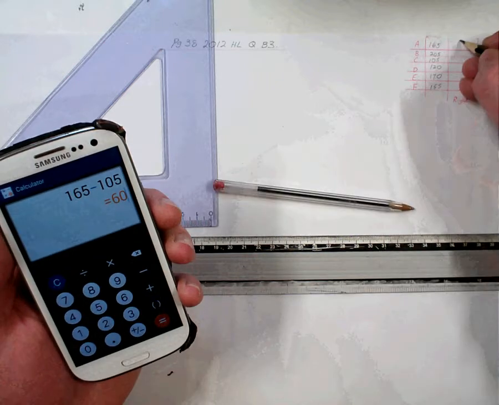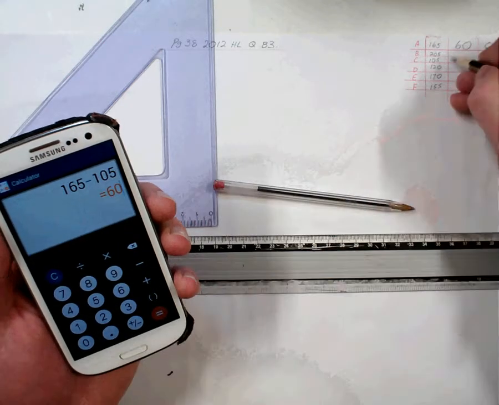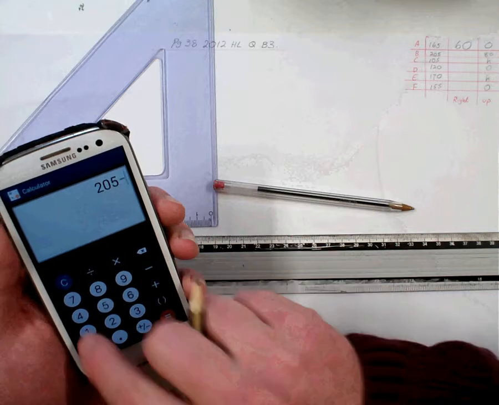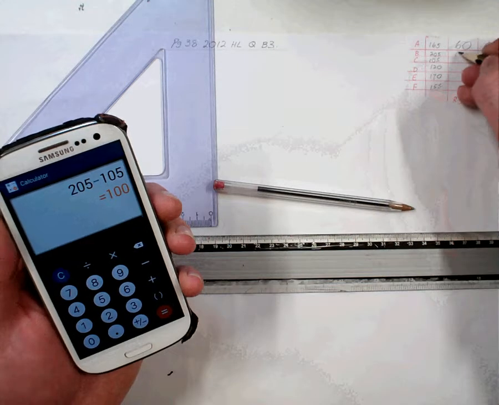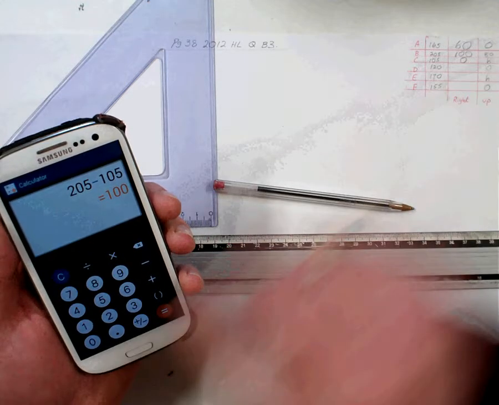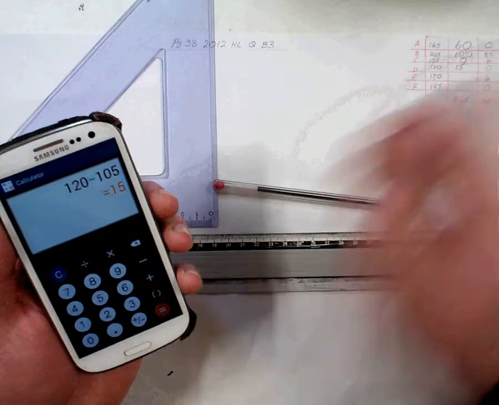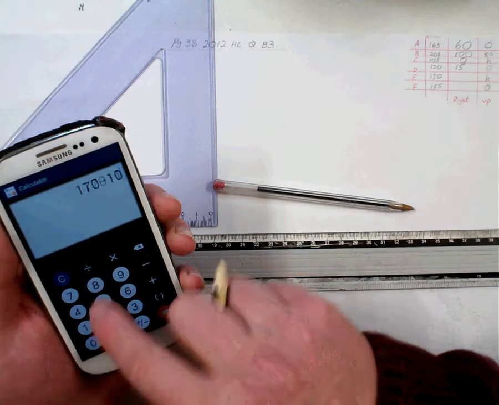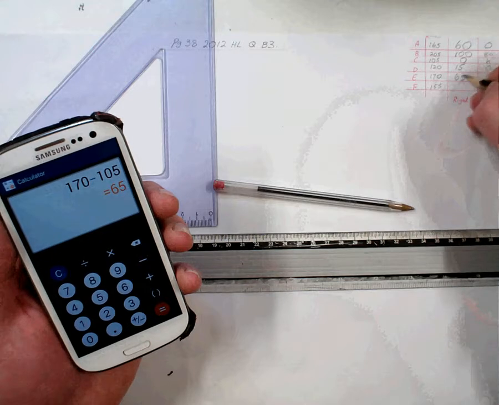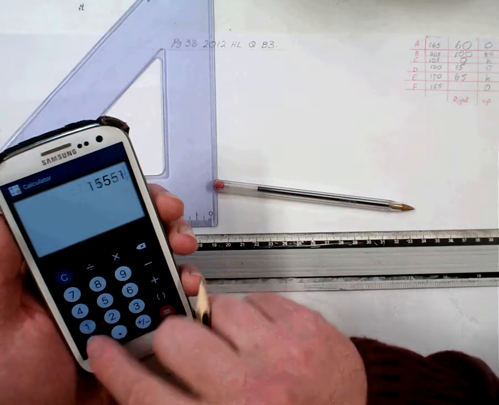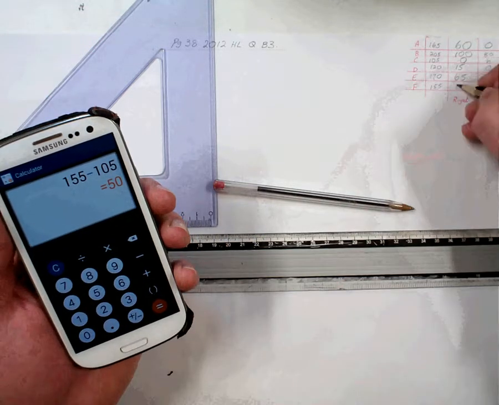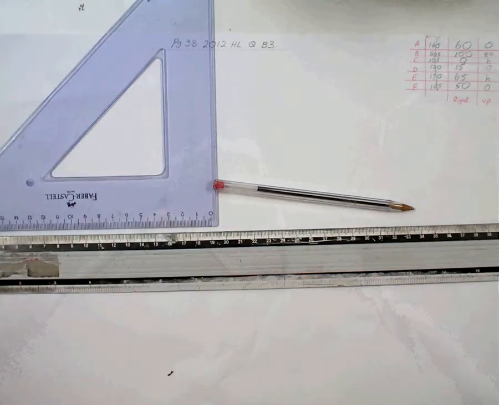This becomes 60. Then 100, 0, 15, 65, 50.